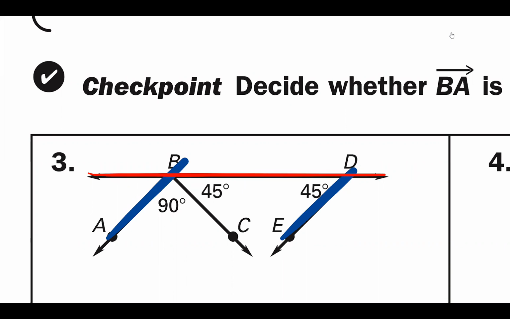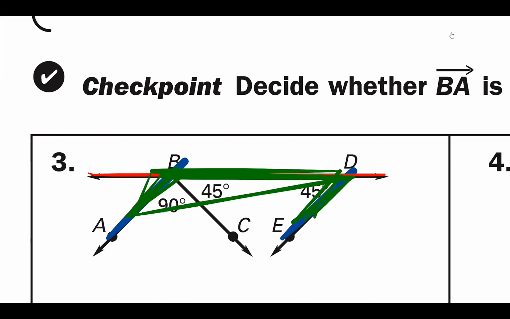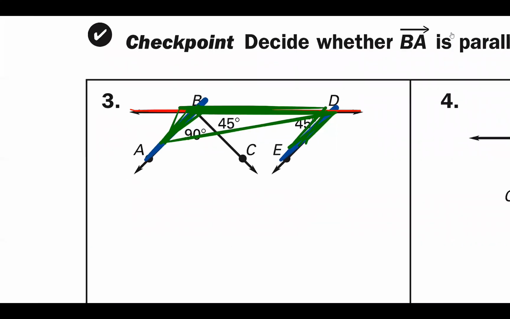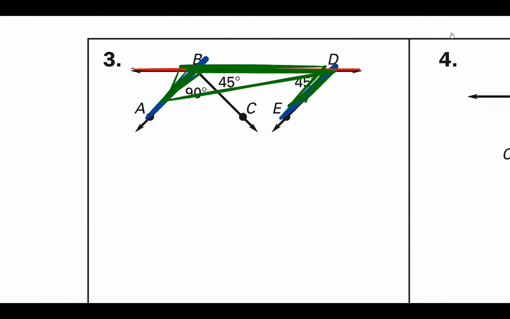The blue is our parallel. So why would I want to use same side interior? Same side of the red line, inside the blue ones. Well, Peter, those are my angles I'm going to use. So we're going same side interior. What is that relationship? Come on.